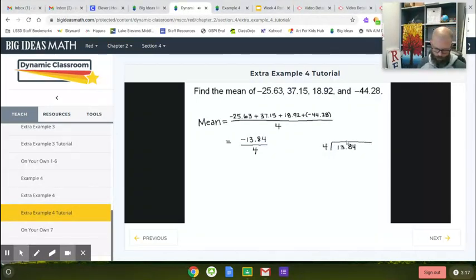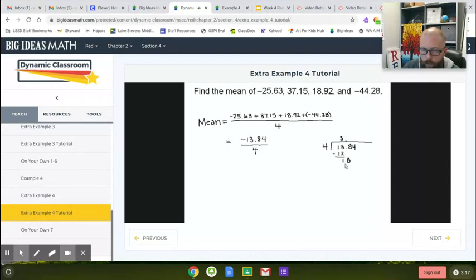4 divides into 13 3 times. 3 times 4 is 12. We have 1 and bring down our 8. 4 goes into 18 4 times. 4 times 4 is 16.